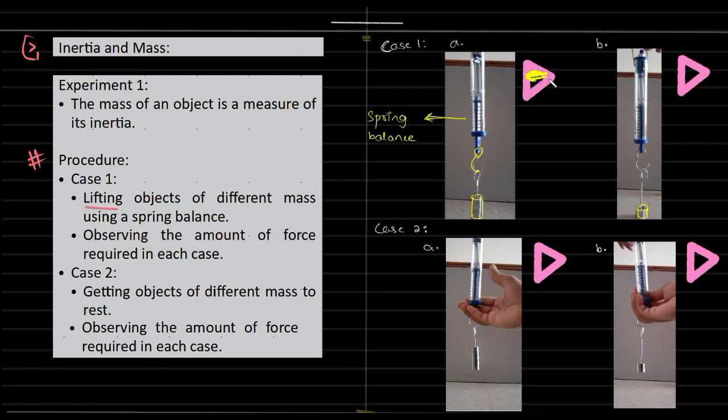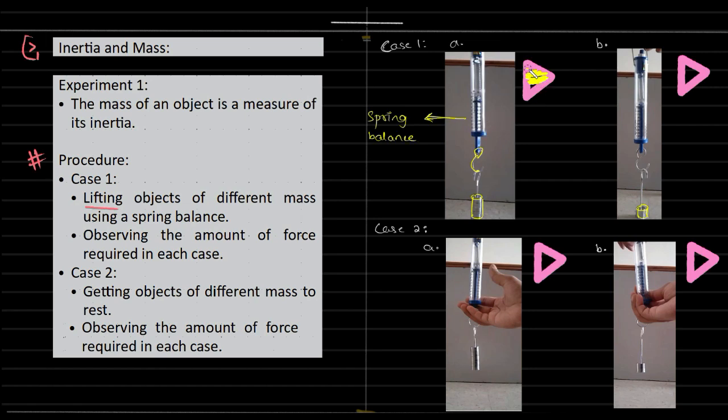Look at this video. Oh yeah, by the way, you guys have to figure out how much the spring balance comes down. Does it come and stop in the middle and go back? Or what is the maximum that it comes down? That's what we have to observe. Reading is kind of difficult and I've not done a good job in capturing this. So you guys just figure out till what extent it comes down.